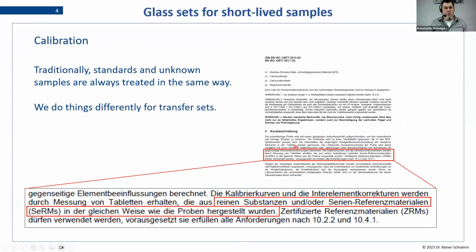This is a German norm on how to prepare certain samples, and I did not bother to translate it into English because the summary is here. When it comes to calibration, usually the first rule that is applied is that the standard samples that we use to establish this calibration curve and the unknown samples that we analyze later are treated the same way throughout the entire process.